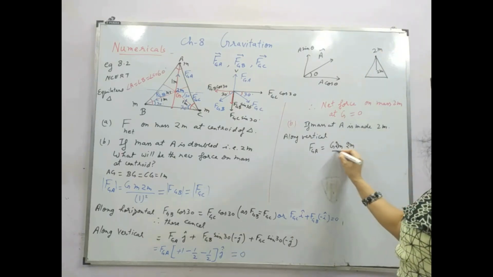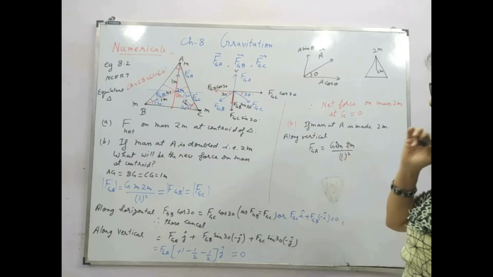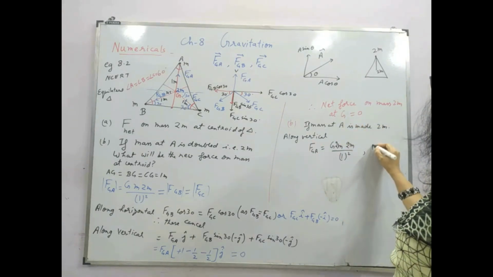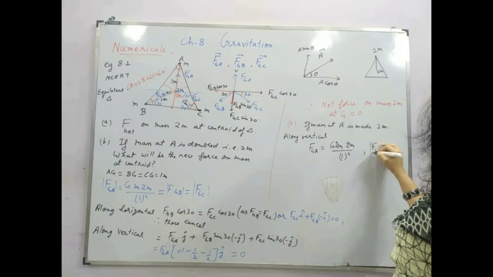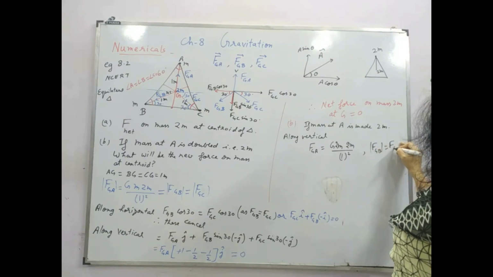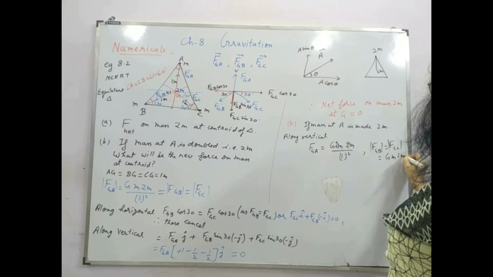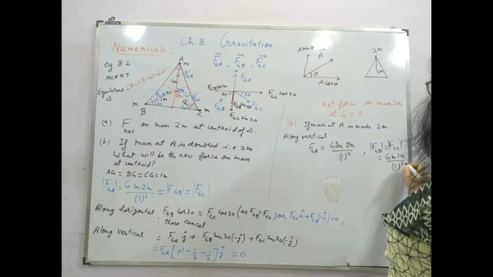So 2m into 2m upon 1 square, right? But FGB and FGC will be equal. FGB is equal to FGC and this will be Gm into 2m upon 1 square.